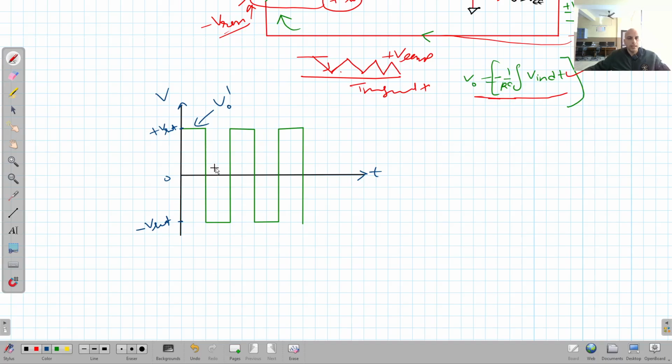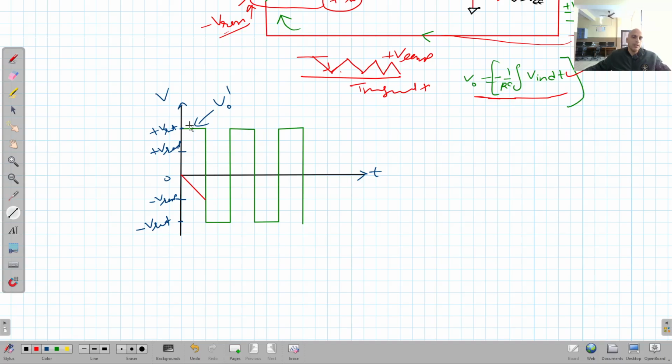Now if I look at the ramp voltage, let this be minus V ramp maximum and plus V ramp maximum.